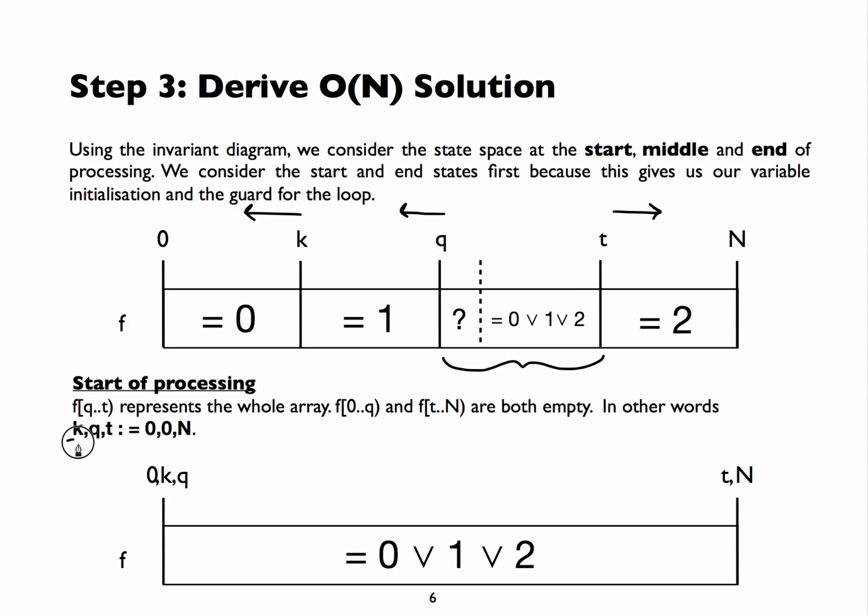So this is what we have as our initialization for k, q, and t. So k and q will be 0 at the beginning of processing, and t will be equal to n at the beginning of processing. And that means that from k or q to t represents the entire array. So this segment from q to t represents the entire array at the beginning of processing.